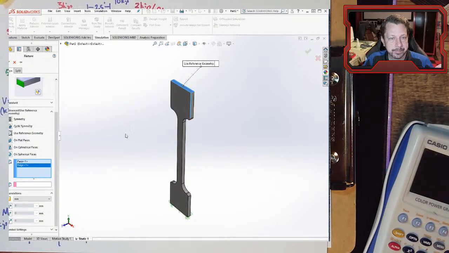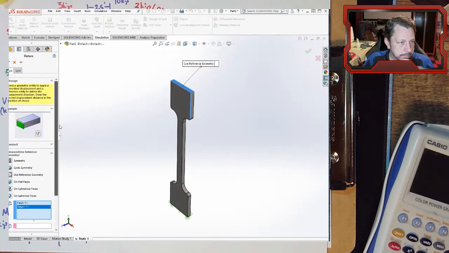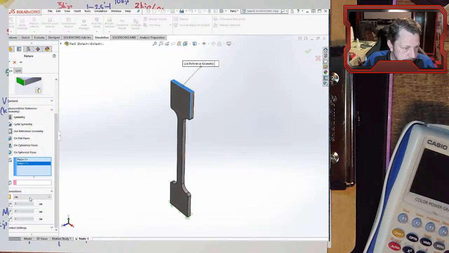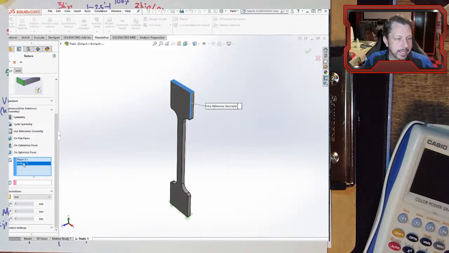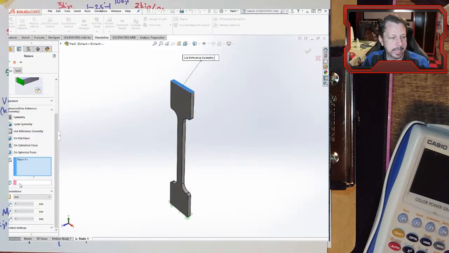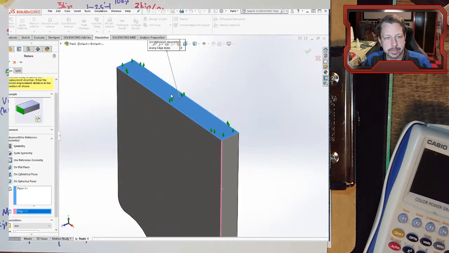So here's one. And I'm going to use a millimeter. Oh, I put the edge in the wrong thing. Oops, hold on. Edge needs to go in the pink box. There we go. All right, so these little arrows, now you can see they're pointing down.